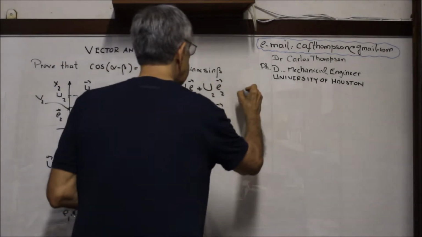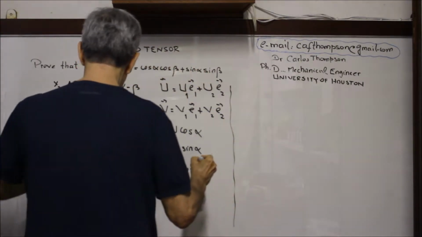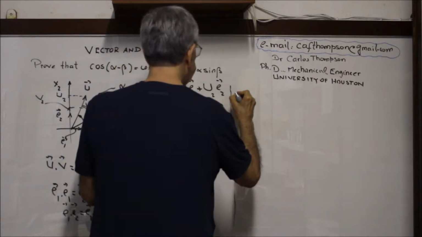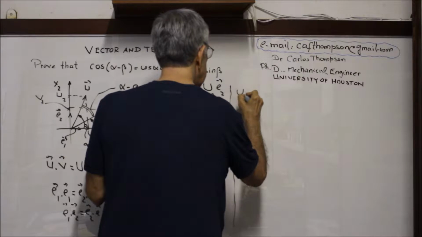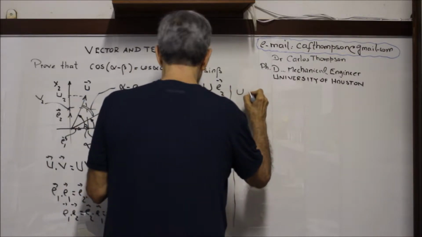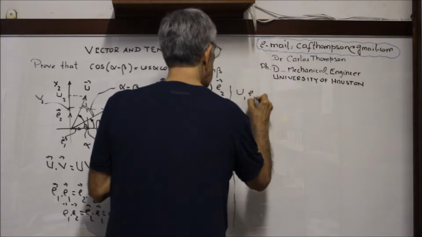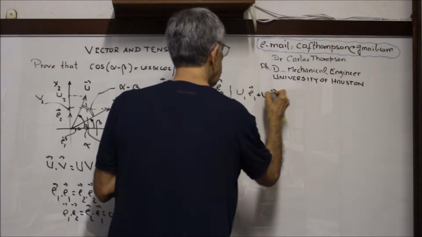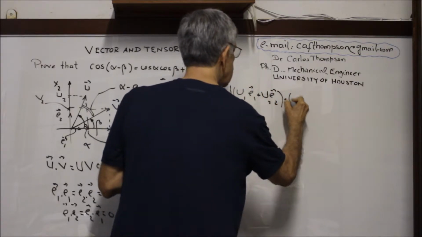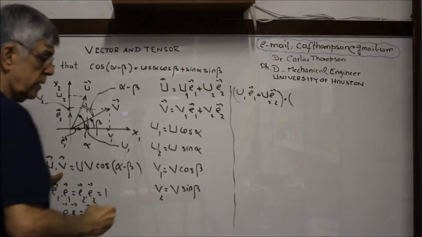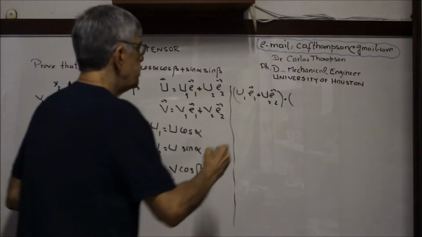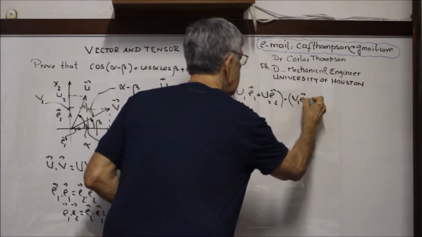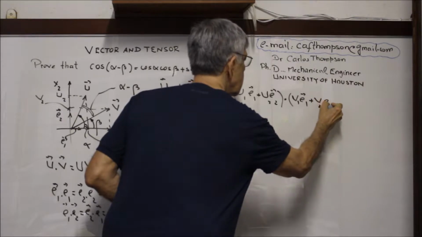So I can write u as u1 e1 plus u2 e2, dot vector v, which will be v1 e1 plus v2 e2.